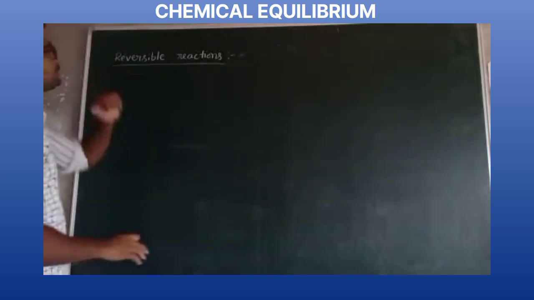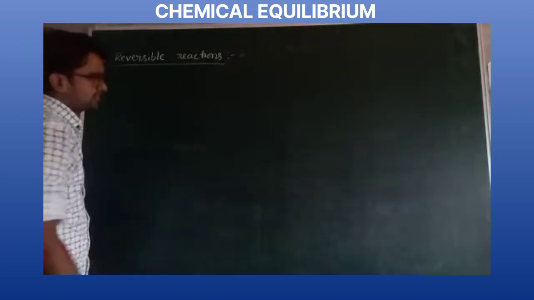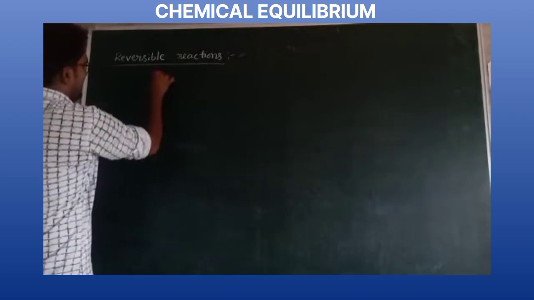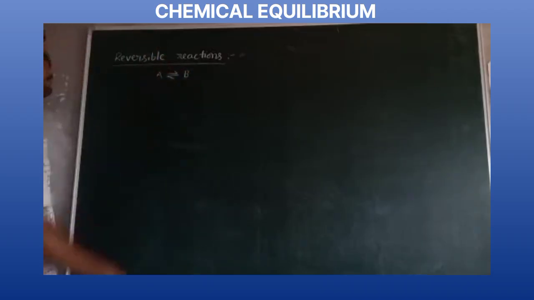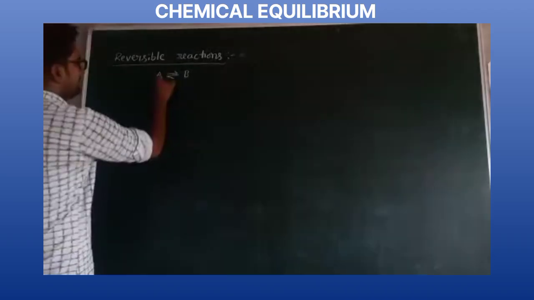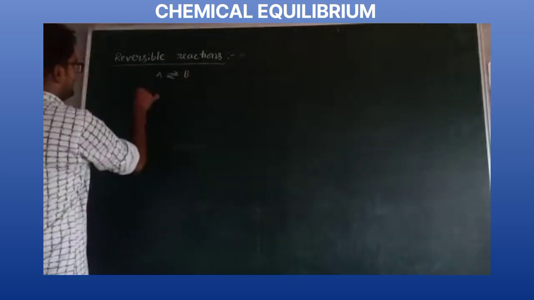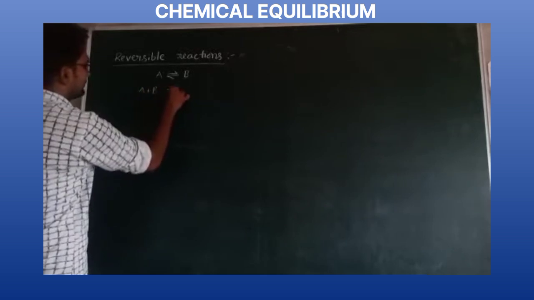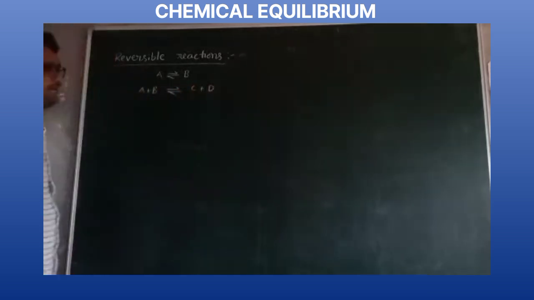Next one, reversible reactions. These are the chemical equilibrium reactions. Reversible reactions mean this indicates equilibrium, forward and backward reactions. This also represents reversible reactions. Okay?